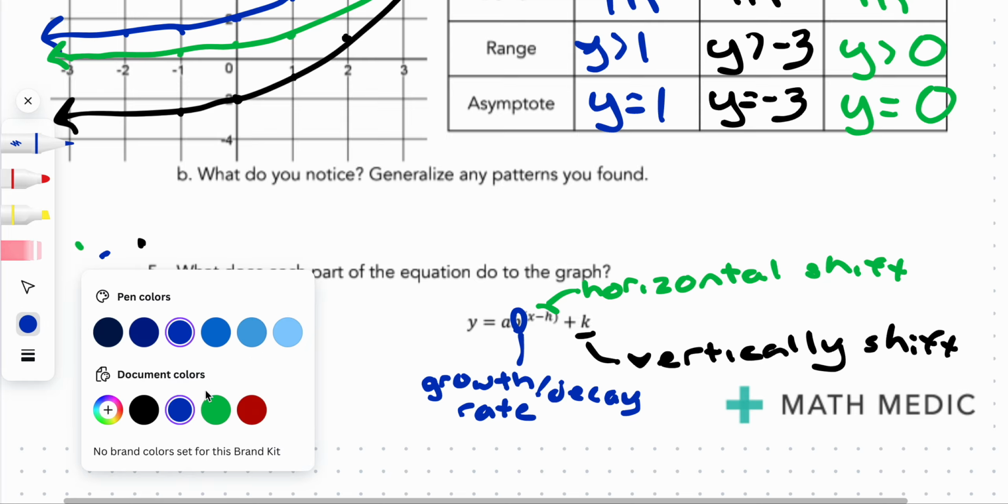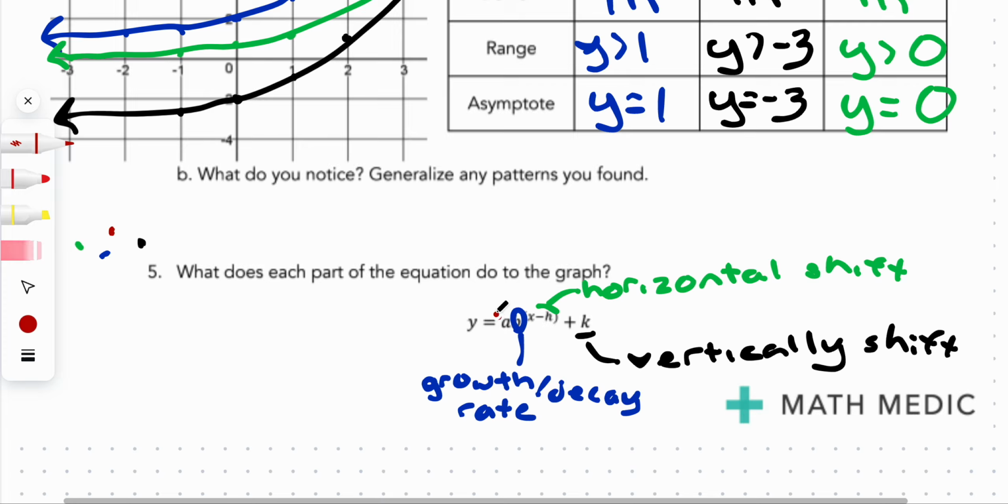And this, our a value, is affecting our y-intercept. Now, it's not like you can look at a and say, hey, that's our y-intercept. If we vertically shift things, that's going to affect it too. So don't just see a and plug that in as your y-intercept. Plug in 0 for x and you can find it out relatively easily.